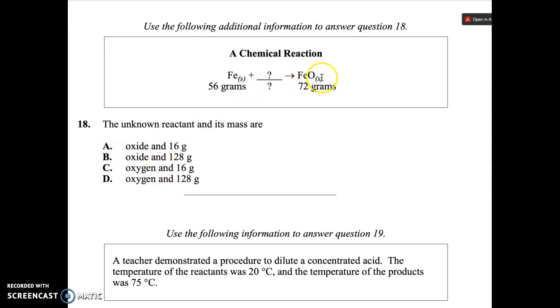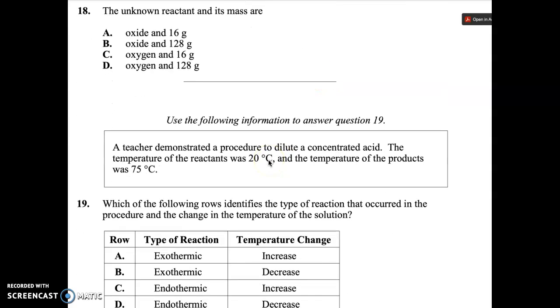And the law of conservation of mass says whatever mass you have on the left-hand side for reactants is how much mass you need on the right-hand side. So 56 plus what is 72? The math gives you 16. So 56 plus 16 is 72, reacts to form that much.